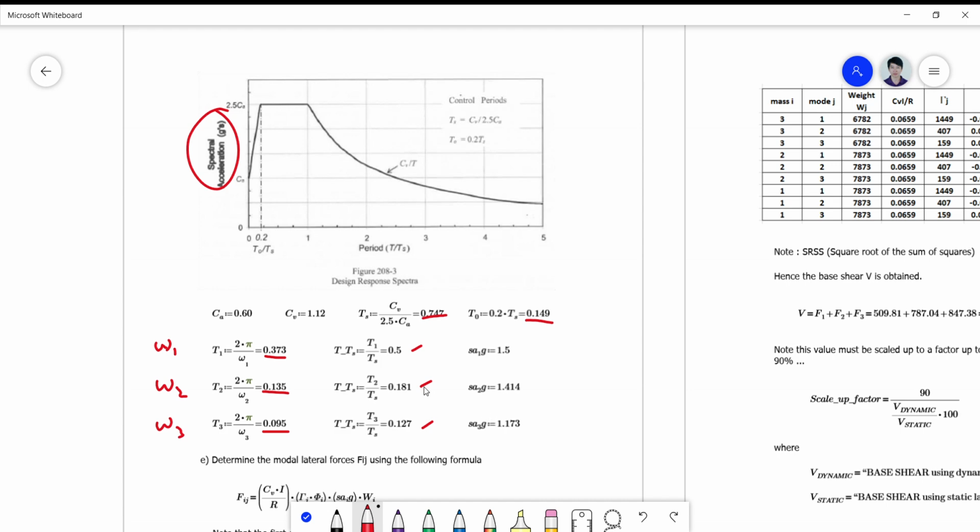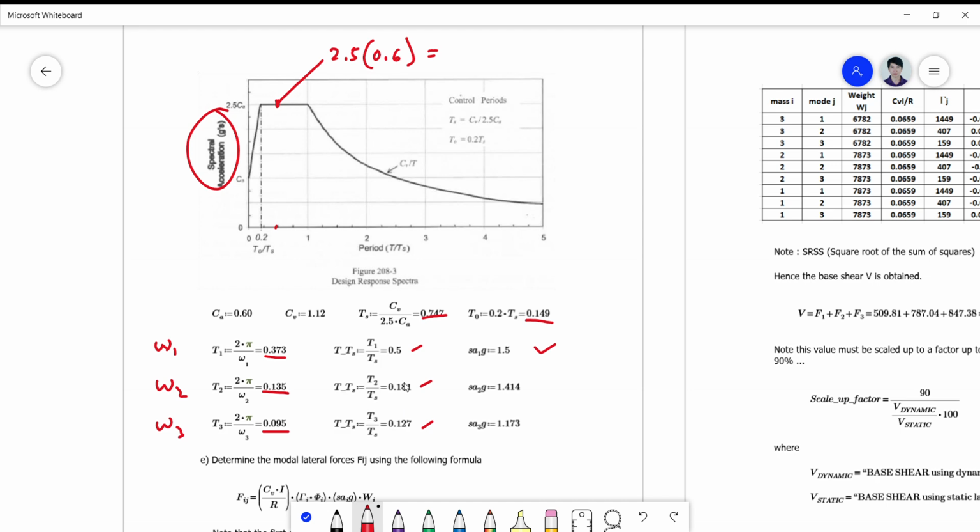So we just look into a T over Ts here, which is 0.5. So 0.5 I think is here. So my graph here is 2.5 times CA, which is 0.6. So I get here, I think, 1.5. Is that right? Okay.